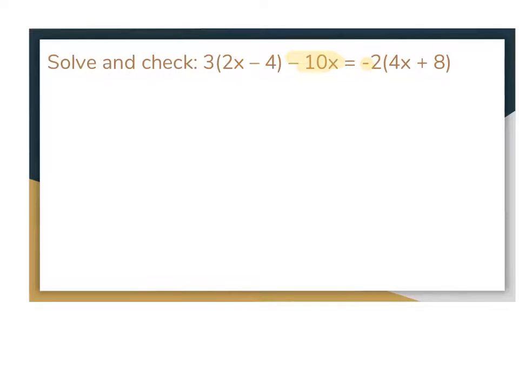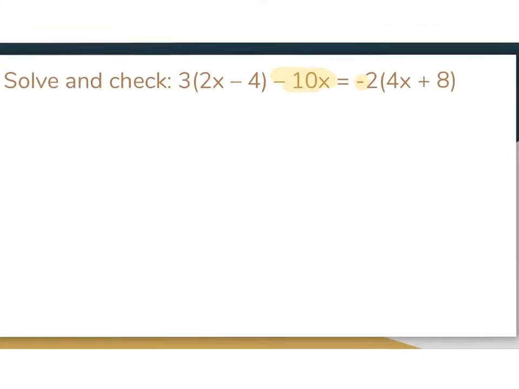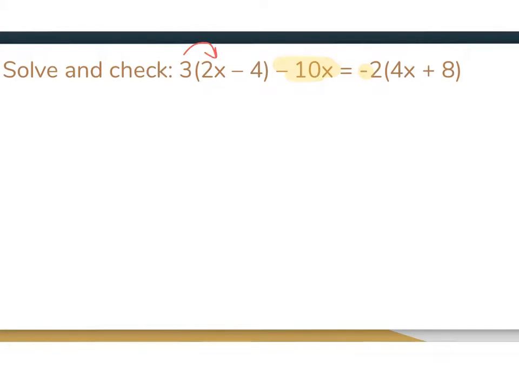So the difference between this problem and the previous problem on the first step is because the negative 10x or minus 10x is not within the parenthesis, you leave it absolutely alone and you just multiply in the 3 to the 2x and the minus 4 and the negative 2 to the negative 4x and the 8. Okay. If you feel confident about this problem, or you just want to try it by yourself, pause the video and try it, and then come back and watch, and you'll see how I will go about solving the problem.